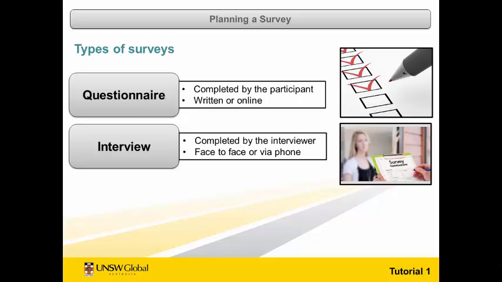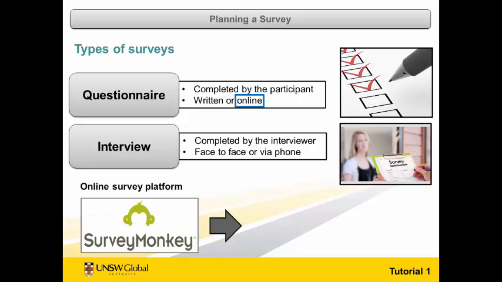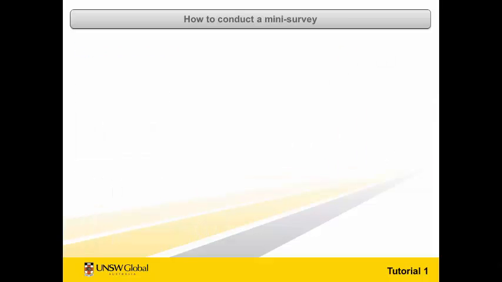Whereas an interview is completed by the interviewer and is usually face-to-face or via phone. In the UEC task, you are going to create an online questionnaire. And we're going to be using something called SurveyMonkey, which is an online survey platform tool. And I'll explain a little bit more about that in Tutorial 3.